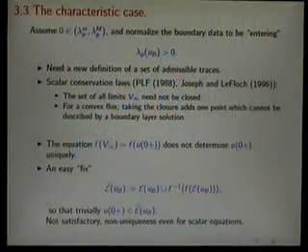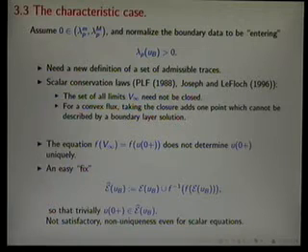And another observation is that if you look specifically at a convex flux and you take the closure of that set, this will add one point. If you have an interval, and this interval is somehow at an open end, but if you add this point, you see that this point cannot be described by a boundary layer solution.